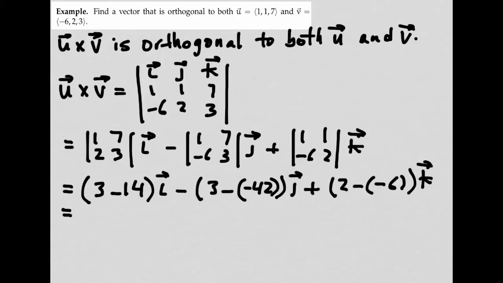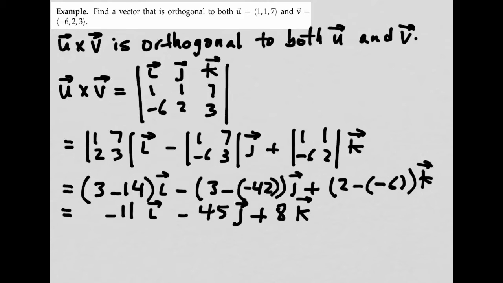3 minus 14, that is minus 11i, minus 3 plus 42, which is 45. So we have negative 45 times the vector j. 2 minus minus 6 is plus 8, so plus 8k.